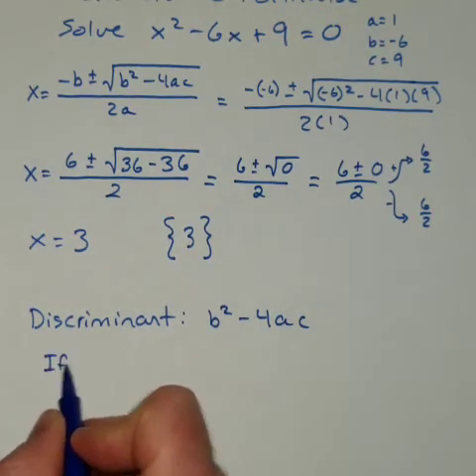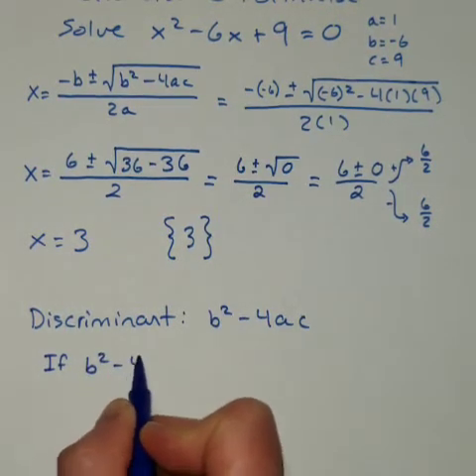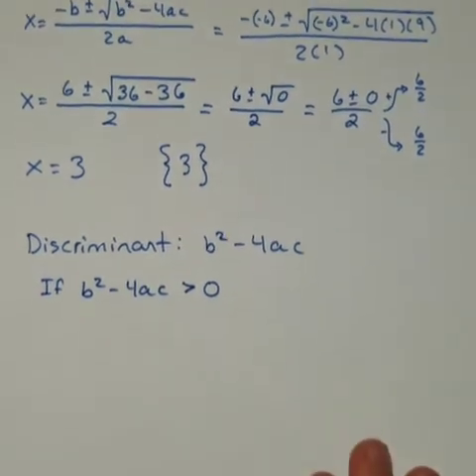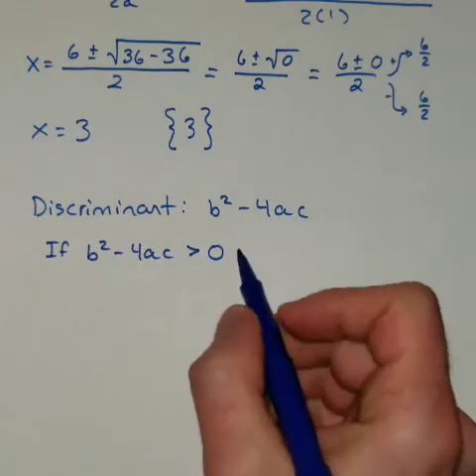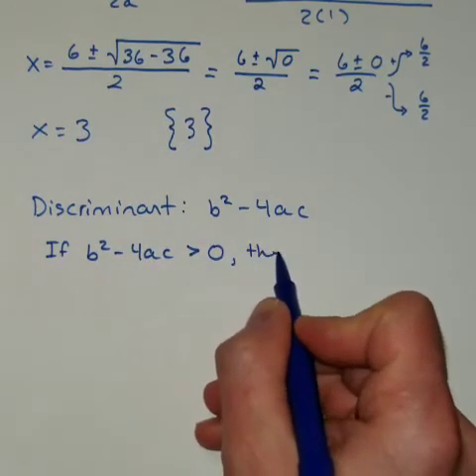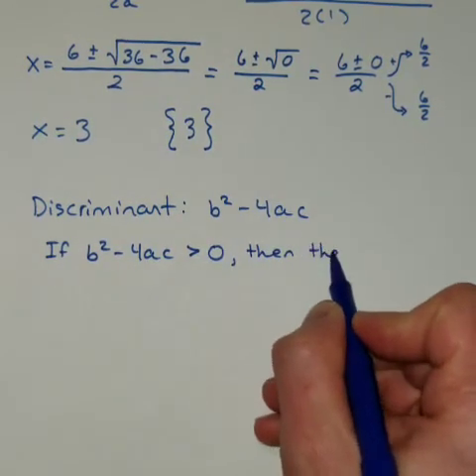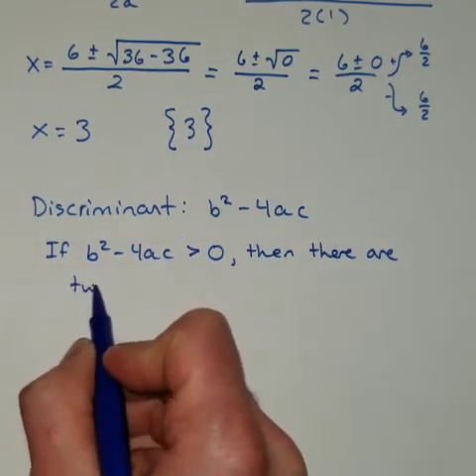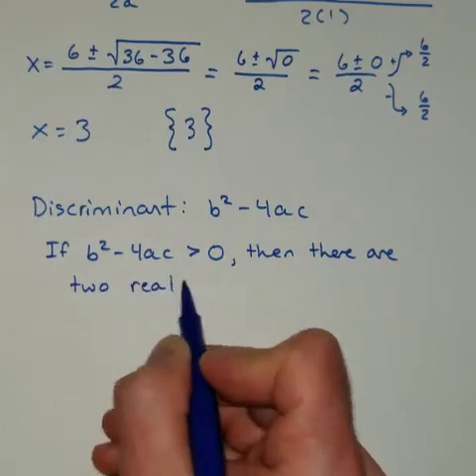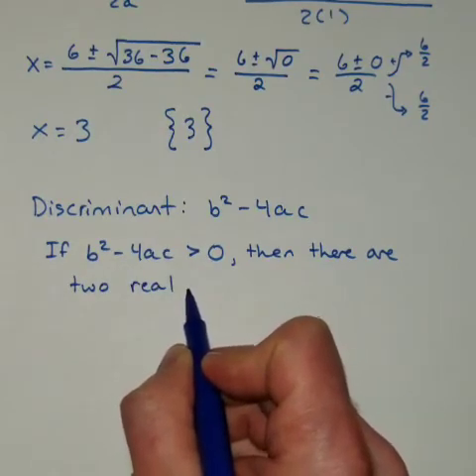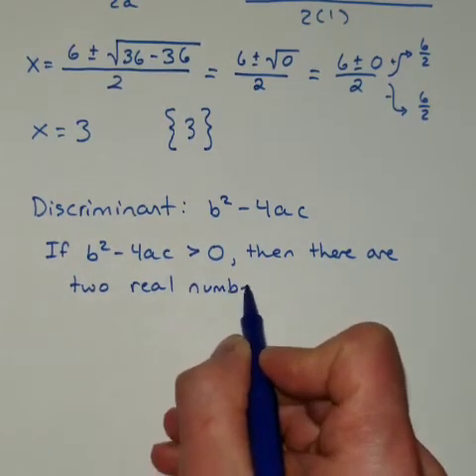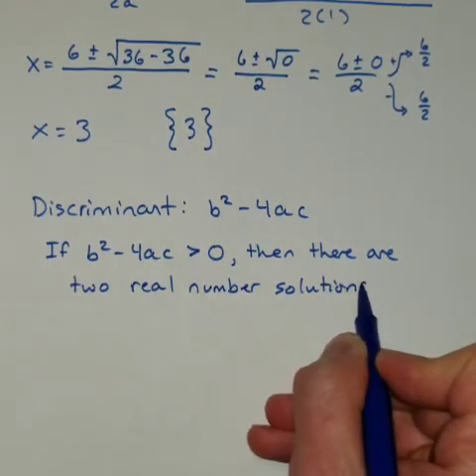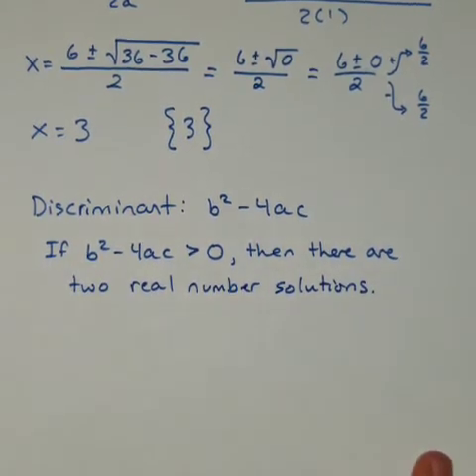If that discriminant is greater than 0, if it's a positive number, then there are two real number solutions. Okay, two real number solutions.